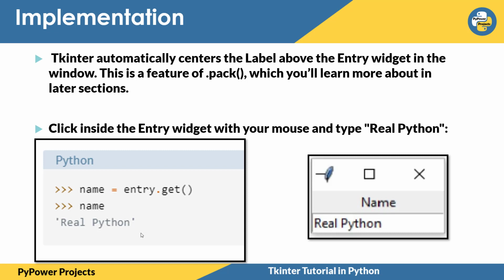So implementation. There are certain features that Tkinter performs automatically. For example, if you have seen in the previous slides, when you write the name, the name was always in the middle or central portion of the entry widget. This feature is of the dot pack function.